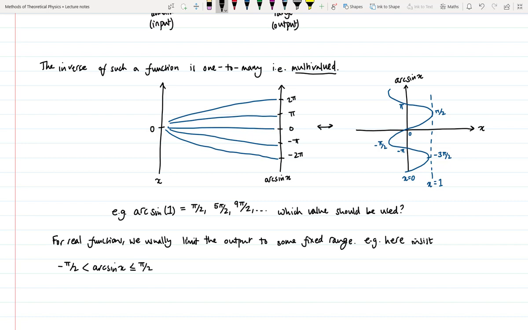And so looking at this plot on the right-hand side, that would make the function 1-to-1. There would no longer be this ambiguity. Once we've done this, we say that this then defines the principal valued arcsine function.